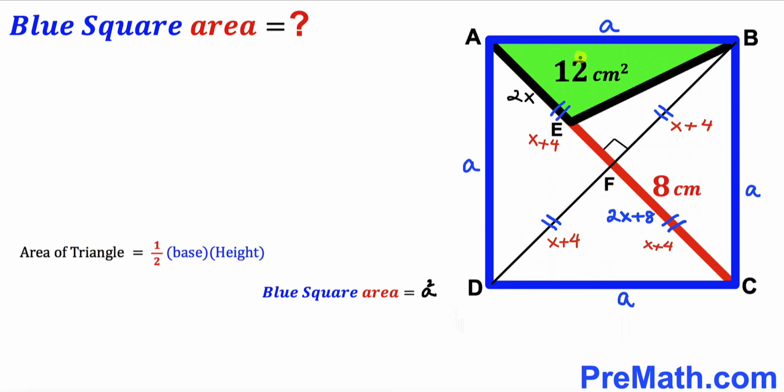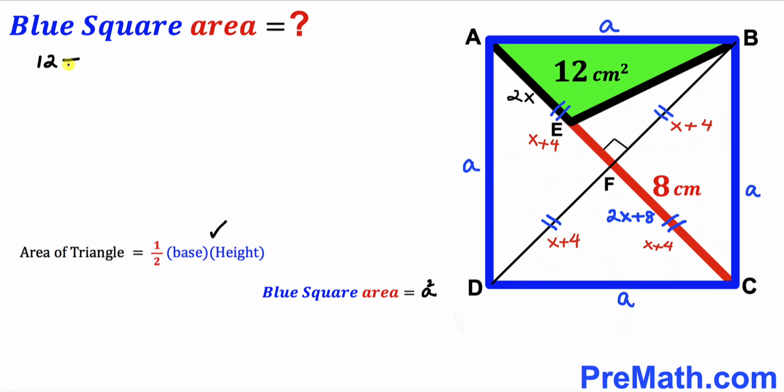The base of this green shaded triangle is simply this part, 2 times x. The height is going to be this BF, x plus 4, since this angle is 90 degrees. Let's go ahead and fill in the blanks in this formula. So our area has been given to us as 12.